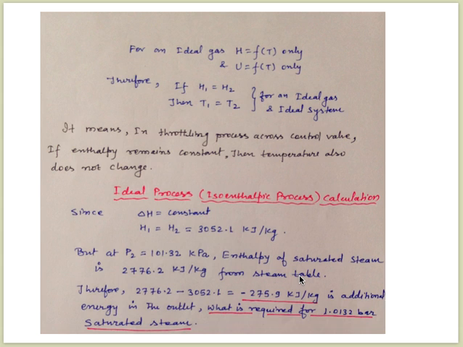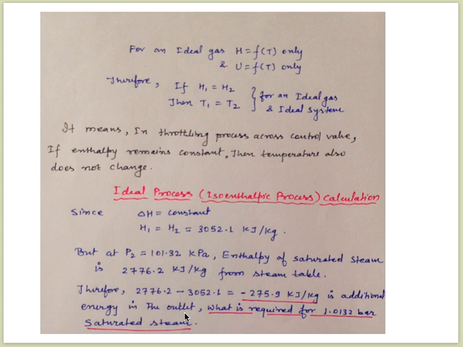That means the outlet saturated steam at 1 bar will keep only this much energy. So the additional energy coming from the inlet stream, 3052.1 minus 2776.2, which is 275.9 kilojoule per kg, is additional energy in the outlet stream.